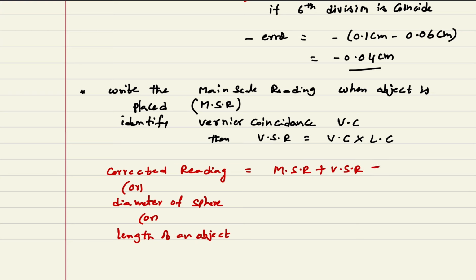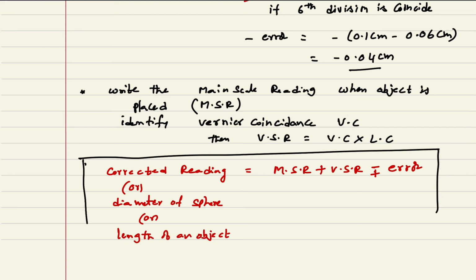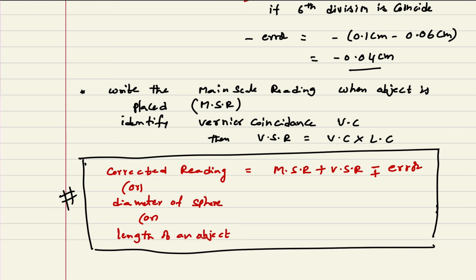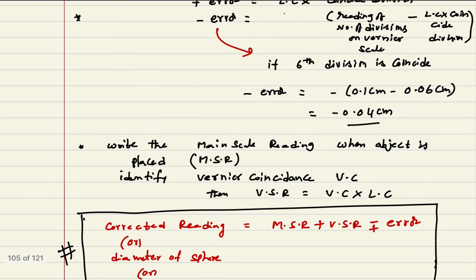If it is a positive error, minus you have to write. If it is a negative error, plus you have to write the error. This is the final result for any measured value by using vernier calipers.